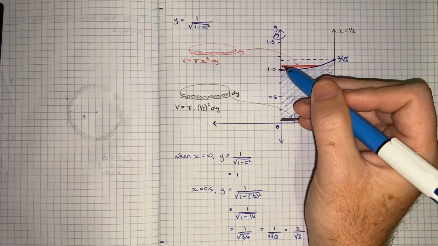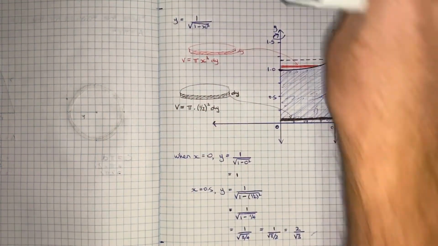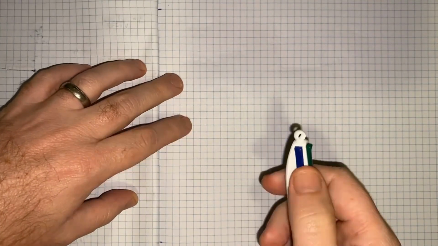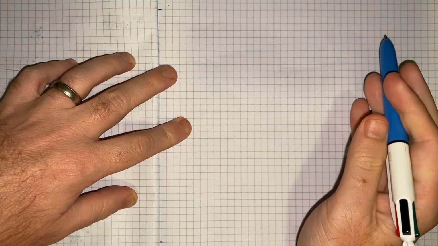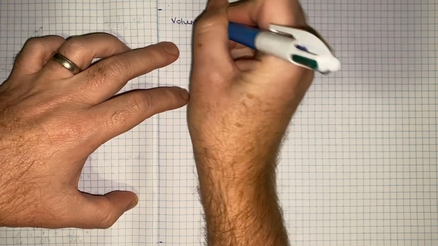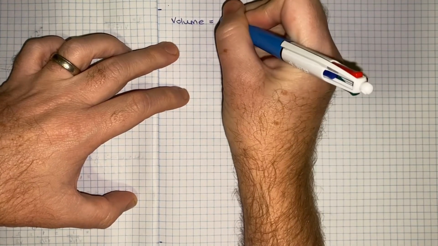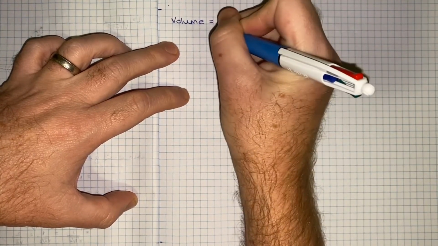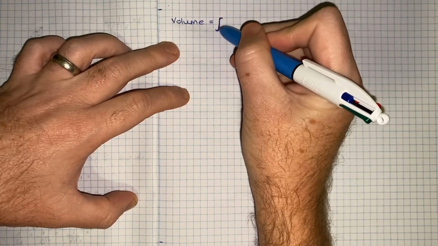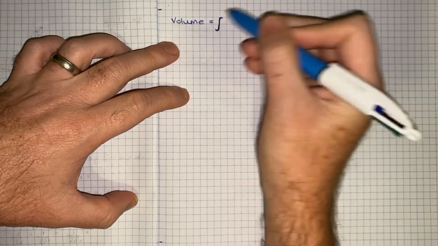So what I might do is just turn over at this point, and let's write up our integrals, and then it just becomes a problem of integration. So our volume is going to be equal to the integral, which is just a fancy way of doing a sum. You can think of this as a stretched out S for sum.